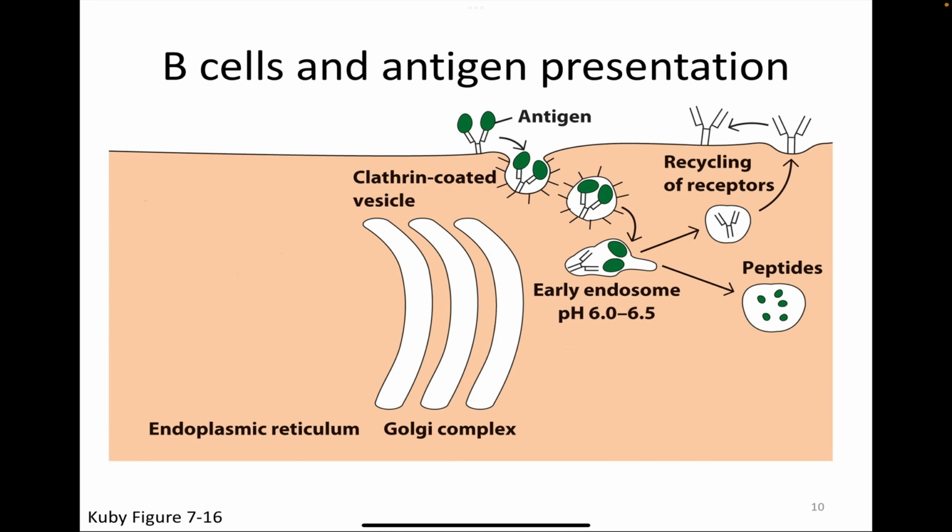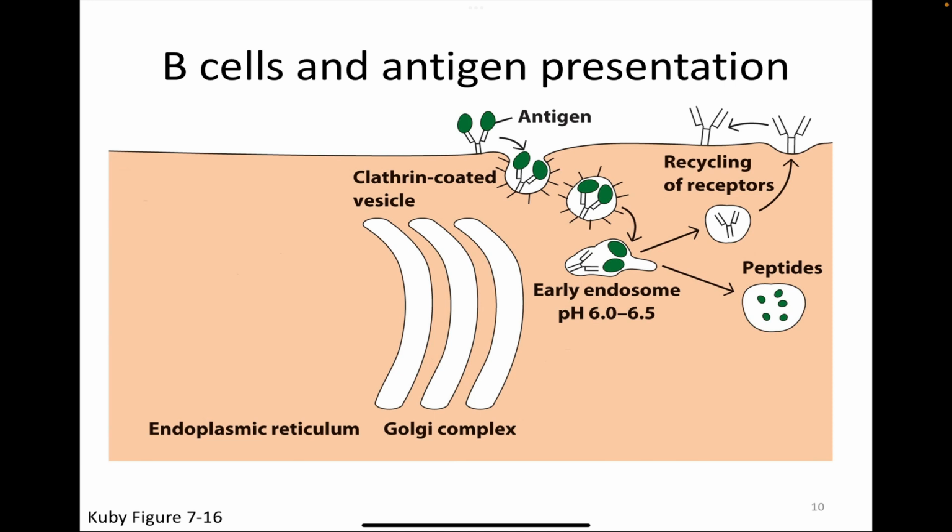antigen that way. And so you can see we make an endosome. It has both the B cell receptor and it has the antigen. You can notice here it tells us that the endosomes are more acidic than outside the cell, and I'll mention some more about that acidity later on.